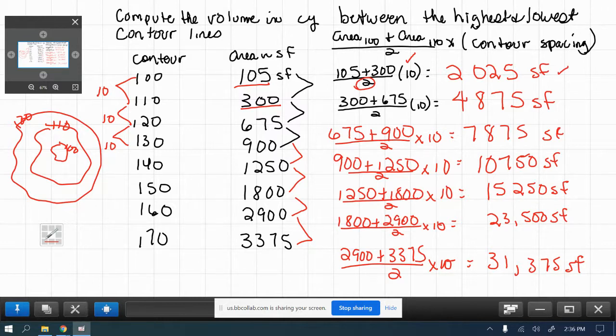Actually, that's cubic feet. Because this is actually in square feet, sorry. I would say cubic feet right now, up at the top.